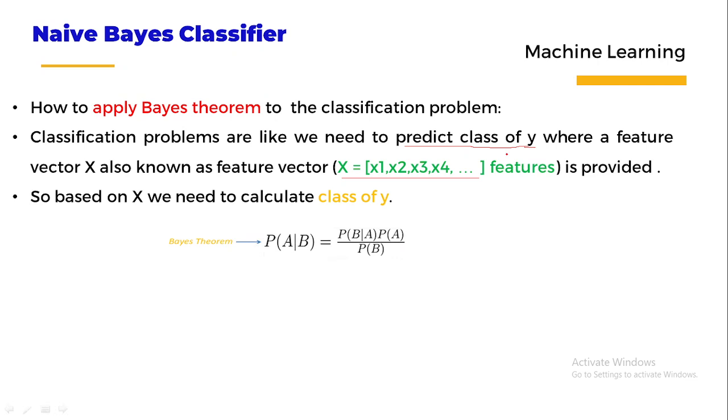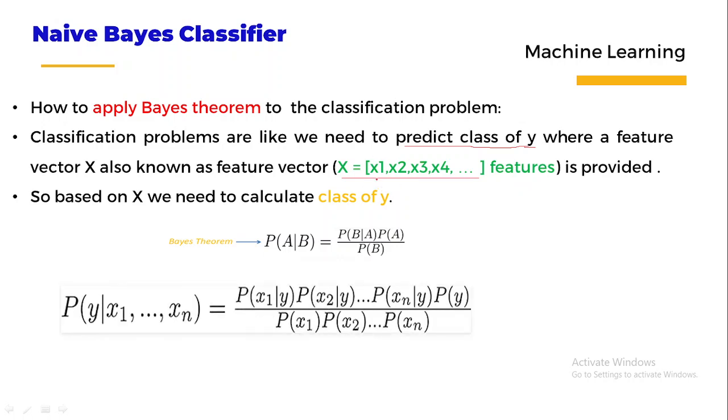So we will use this Bayes formula for mapping this classification problem. Here A means an event, and we want to calculate the probability of A given B. A and B both are events.